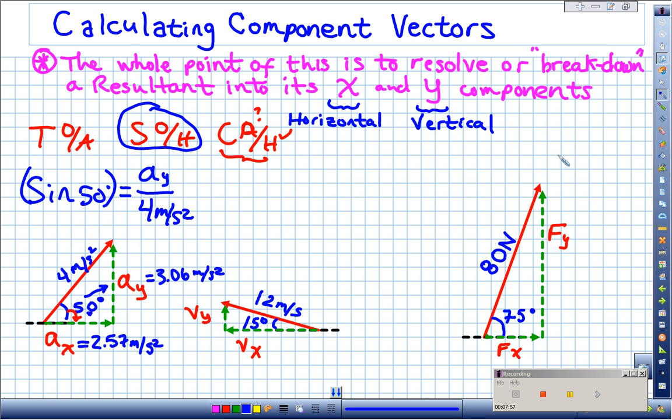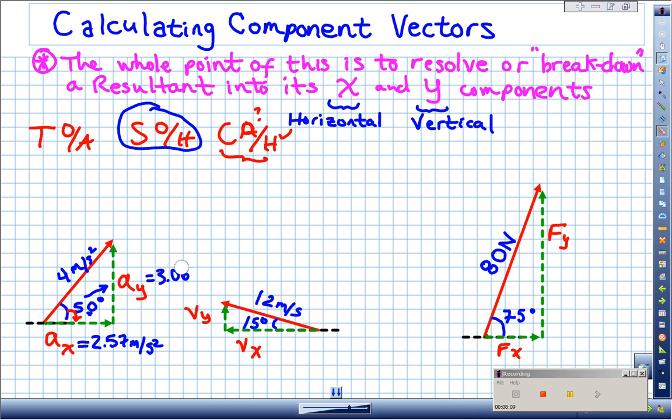But really, in Regents Physics, because you have those equations on your reference table, you really wouldn't need to do that. You could just take a look at your reference table and see what value it is you're trying to solve for. I'll do that with this example right here. So, if I'm trying to find my x component, I look at my reference table and I see an equation that says this.